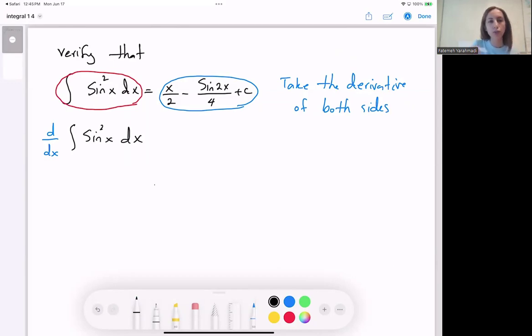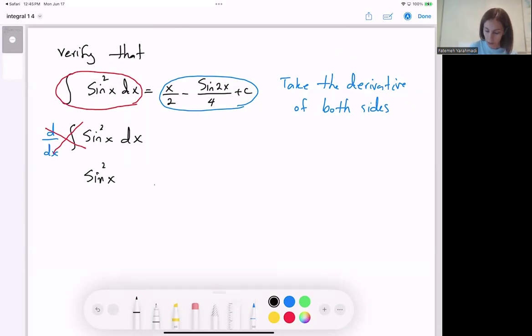As you remember, intuitively, the derivative and integral are opposite operations, so they get canceled out. On the left-hand side, you end up with sine squared of x. But what is your right-hand side?